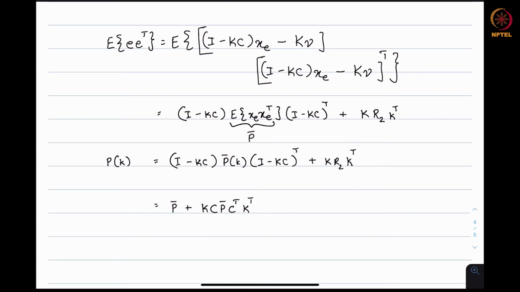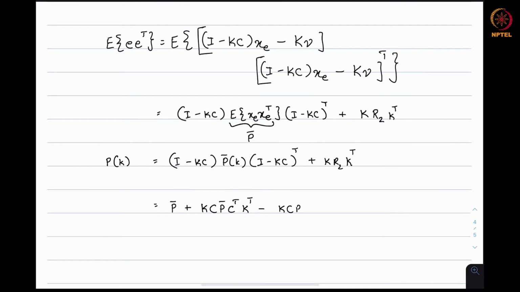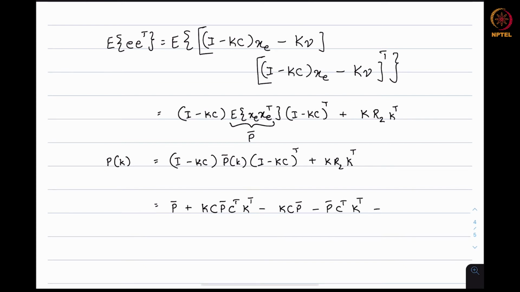Based on this and this we will get this term, so these are the first two terms. The other term is going to be K C P bar, and the other term is going to be P bar C transpose K transpose plus K R2 K transpose.